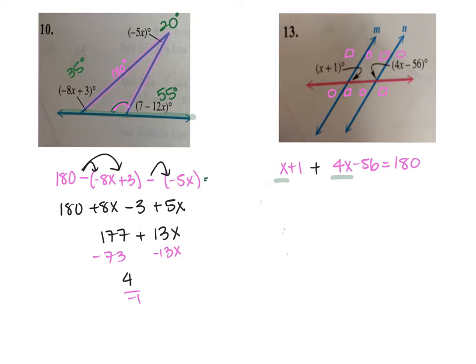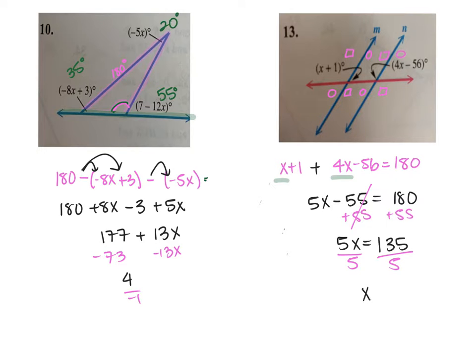So that gives me 5x, and then the 1 and the negative 56 gives me negative 55, which equals 180. If I add 55 to both sides, this cancels, and so 5x is equal to 135. And then when I divide by 5, x is equal to 40.